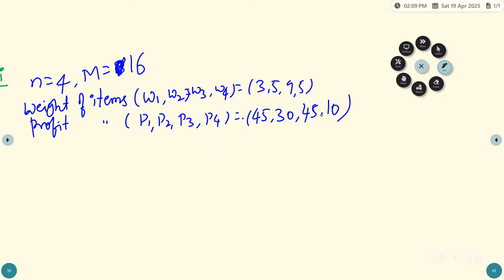Solve the knapsack problem using backtracking.